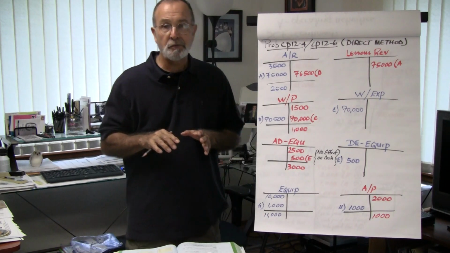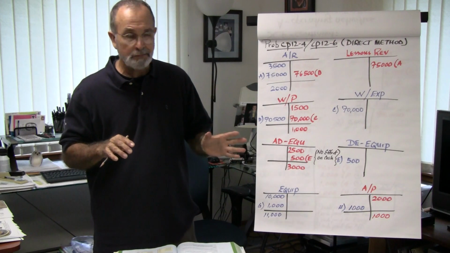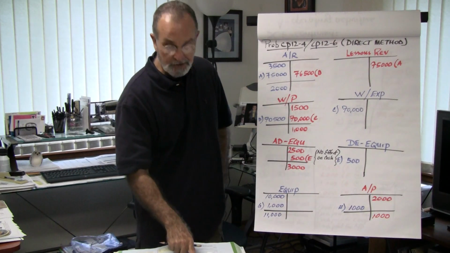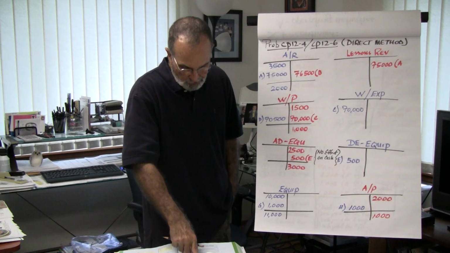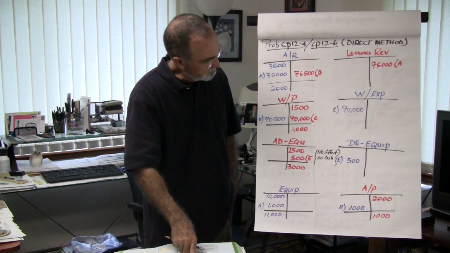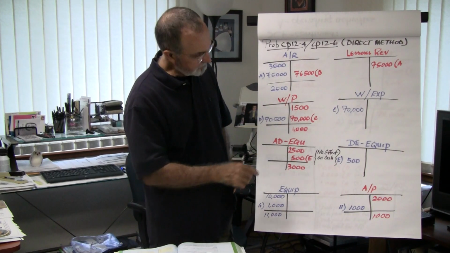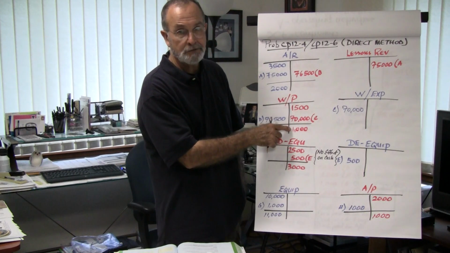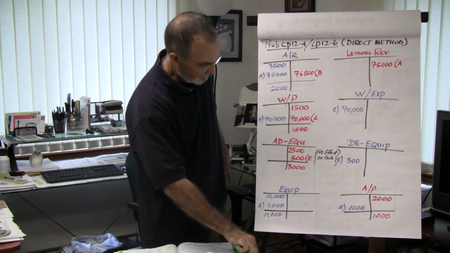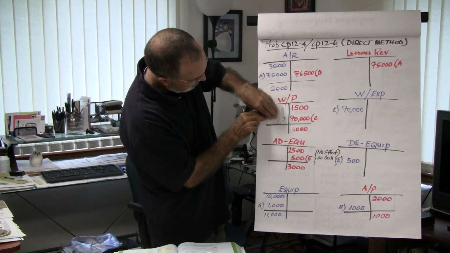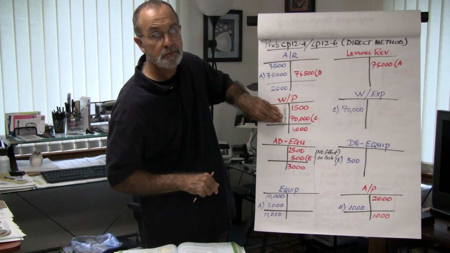Then again, we look at the balance sheet account, beginning balance, ending balance, and we get that information from the problem information presented. Our beginning balance in wages payable is a credit of $1,500. Our ending balance in wages payable is a credit of $1,000. And so again, just as we did for accounts receivable, we need to calculate the amount of the debit for wages payable.